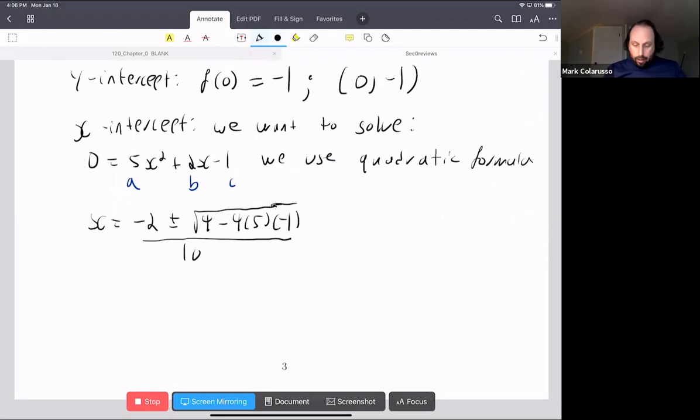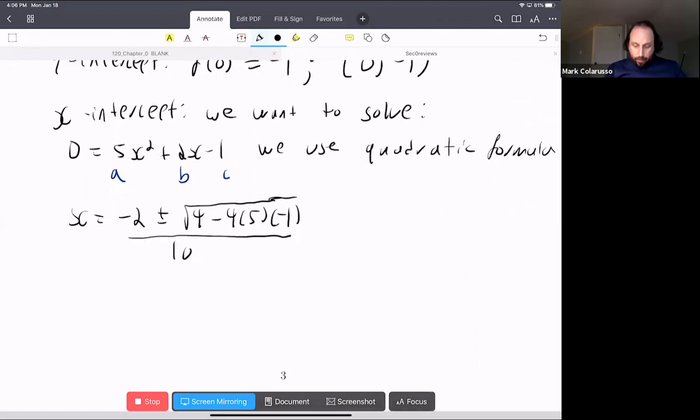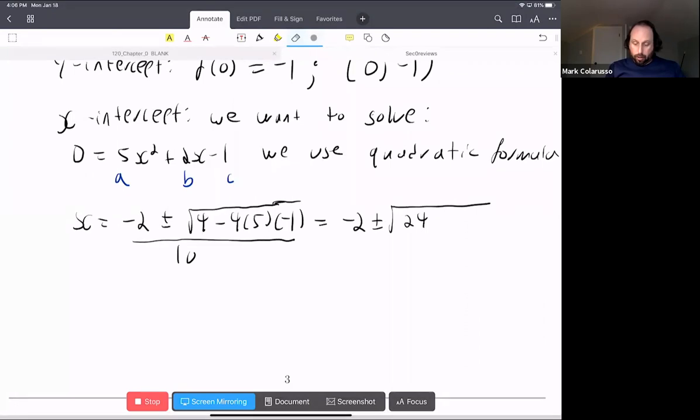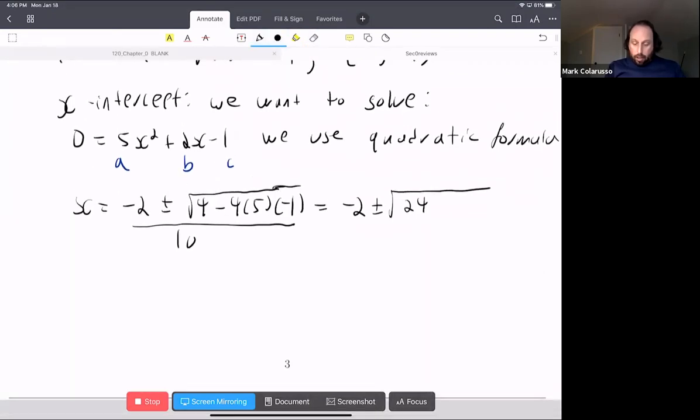And so now we end up with minus 2 plus or minus the square root of 24. Right, so you have 4 minus 4 times 5, which is minus 20, times minus 1 is plus 20. So it's 4 plus 20 is 24, divided by 10. Now we should simplify this a bit.